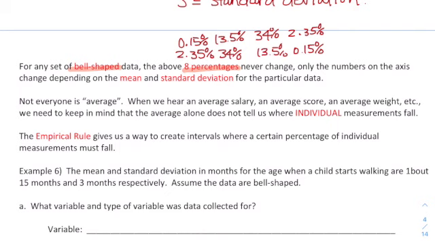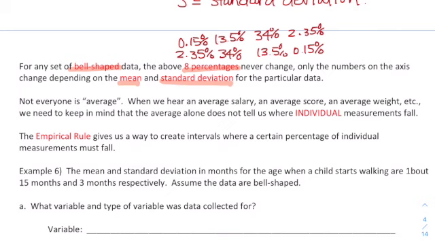And the third deviation, which is 99.7% of data, will fall. But the mean and the standard deviation are the numbers that are going to change. So in this case, the percentages never change. Only the numbers on the axis change, depending on the mean and the standard deviation for a particular set of data.